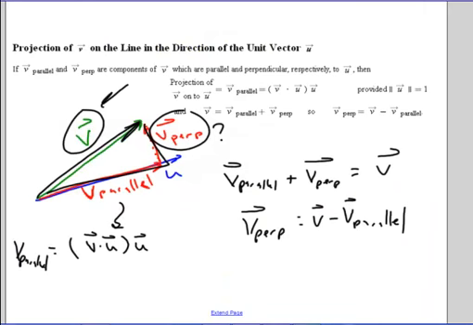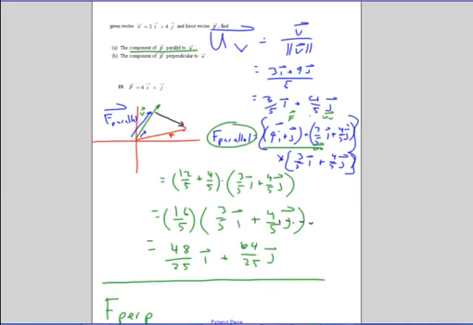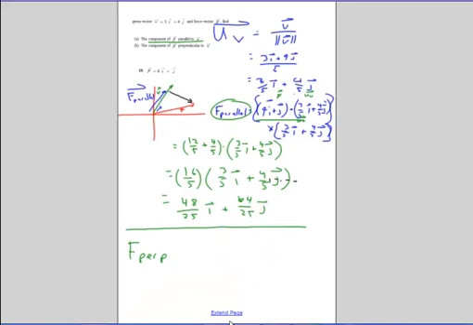So, using this idea right here, therefore we get that f perpendicular equals 4i plus j minus our f parallel, 48/25 i plus 64/25 j.